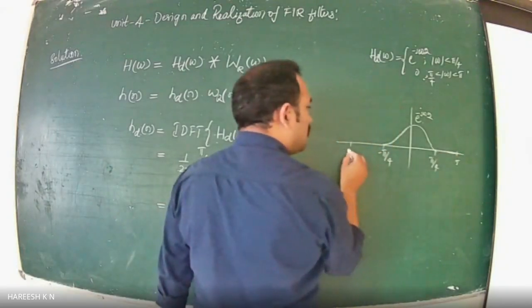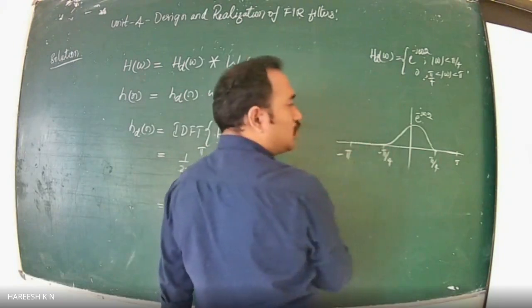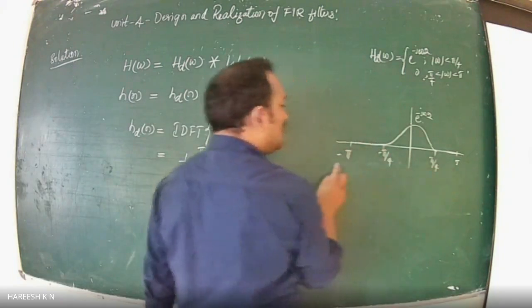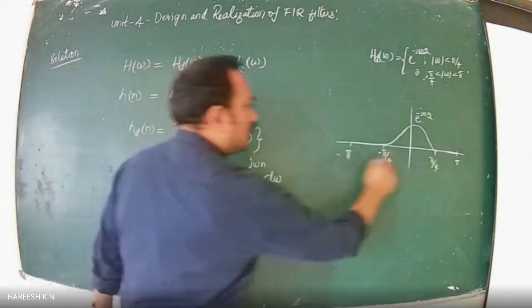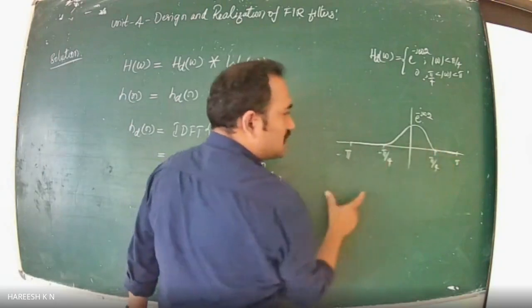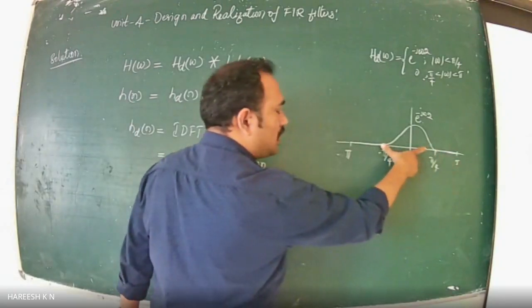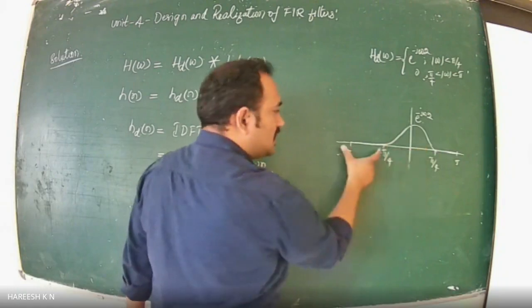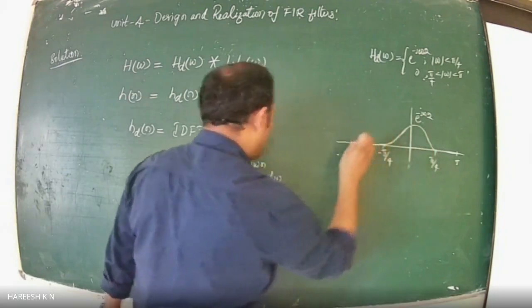And from minus pi to minus pi by 4 also, its value is 0. Isn't it? Therefore, I need to split this from minus pi to plus pi. There are two different signals, the 0 signal and the e to the power of minus j omega into 2 signal. Since this is 0, I can just neglect this. Since there is some value, I can consider only that range.